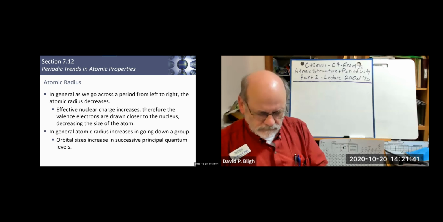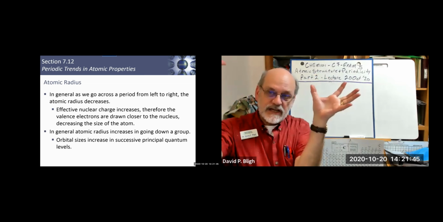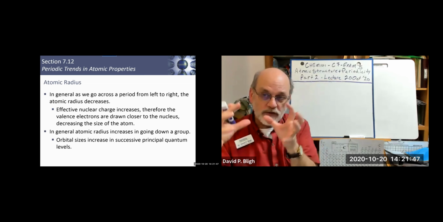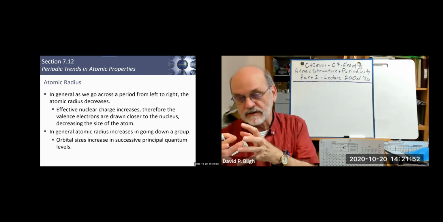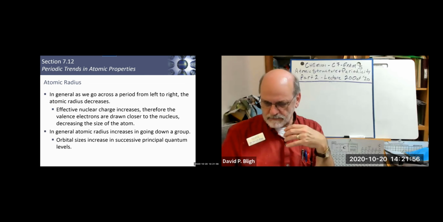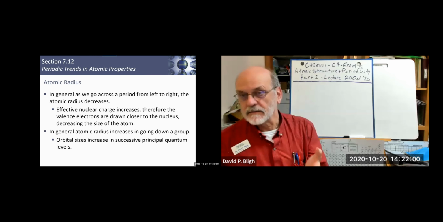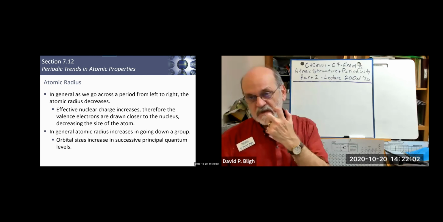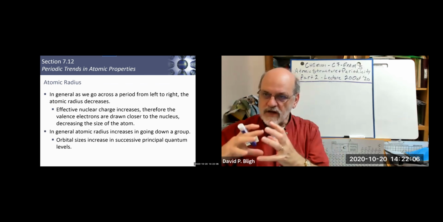So anything that would cause the electron density to be drawn toward the nucleus would shrink the size or the atomic radius of the atom. So that doesn't beg the question. It points a finger at nuclear charge. So the higher the nuclear charge, the smaller the atomic radius should be.